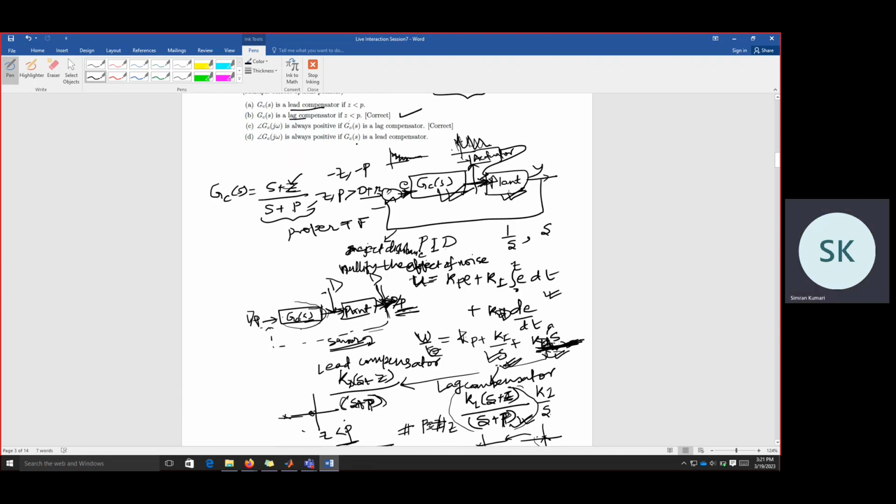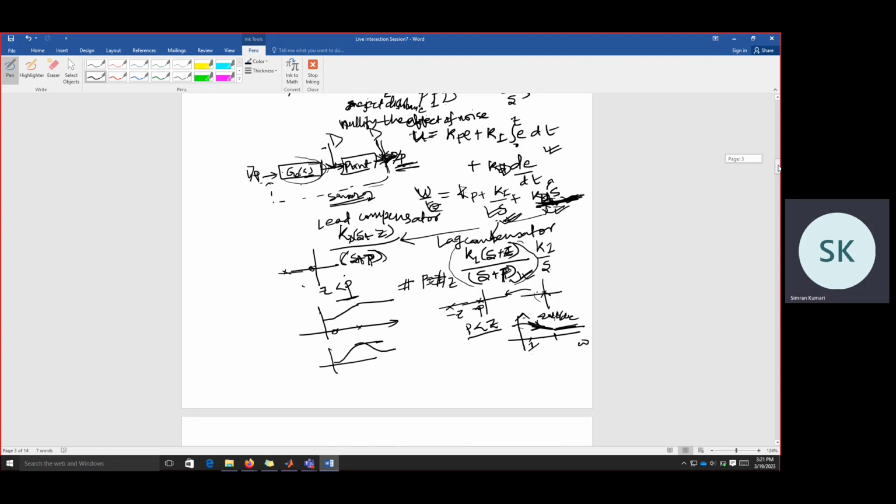So this will be positive in case of a lead compensator, but in a lag compensator, due to the pole coming first, it is having less magnitude, therefore it is not positive. So this is false and the other is correct.